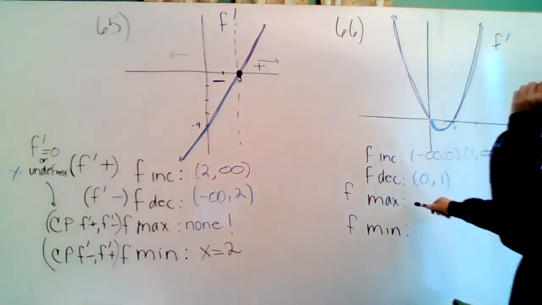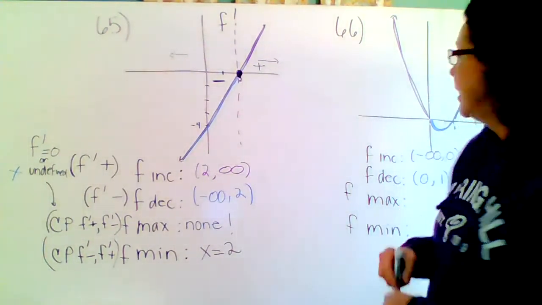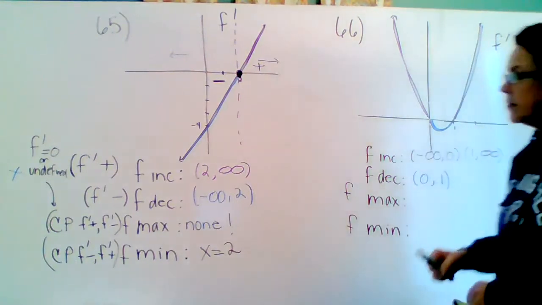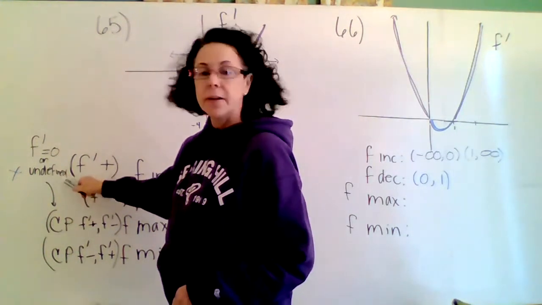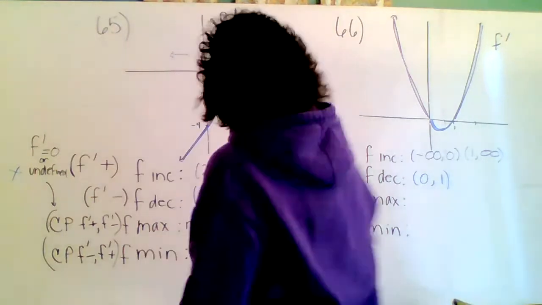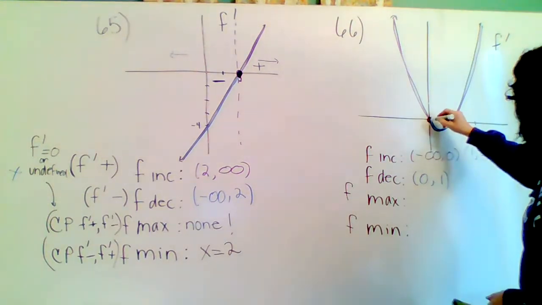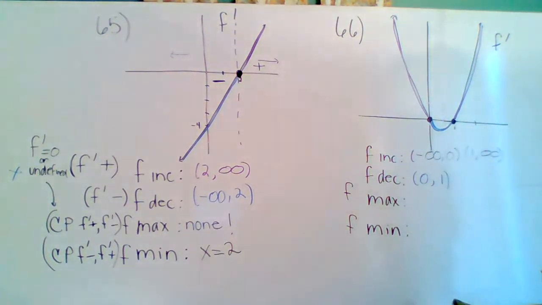That would occur at a critical point where the derivative is undefined, but for every x I see a y on this derivative graph. Again, I don't think that the derivative is undefined anywhere. Where is the derivative equal to 0? Right here and right here, at 0, 0 and 1, 0.